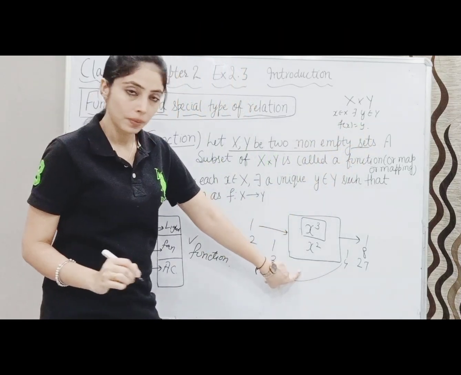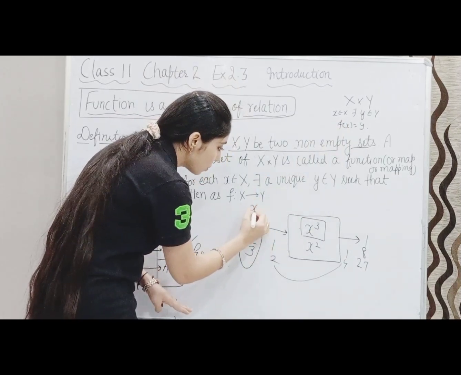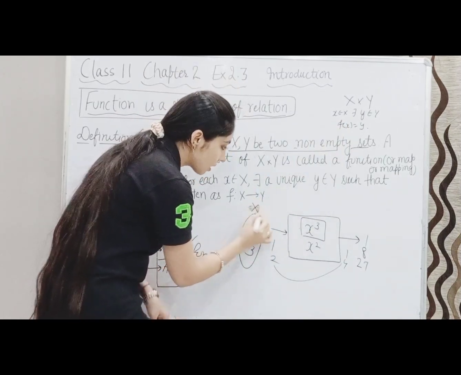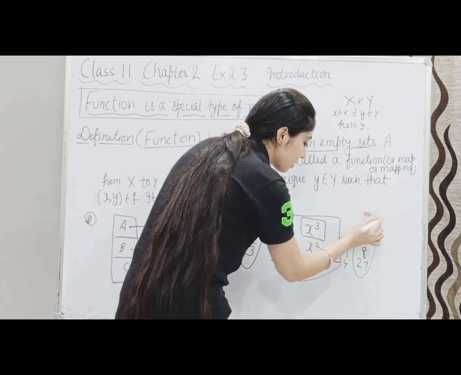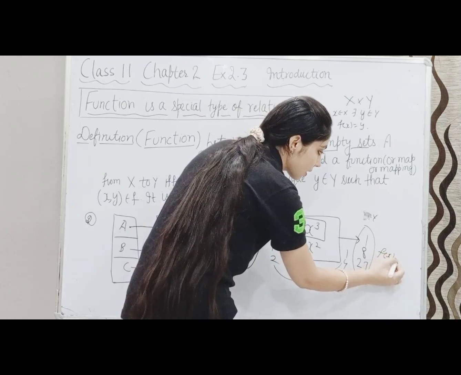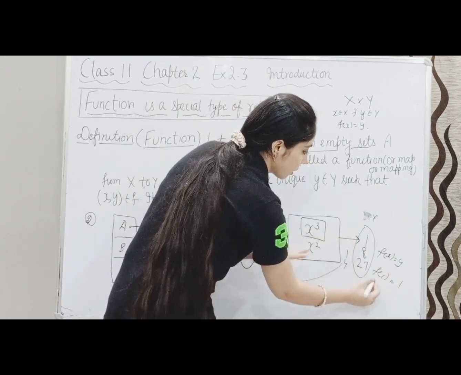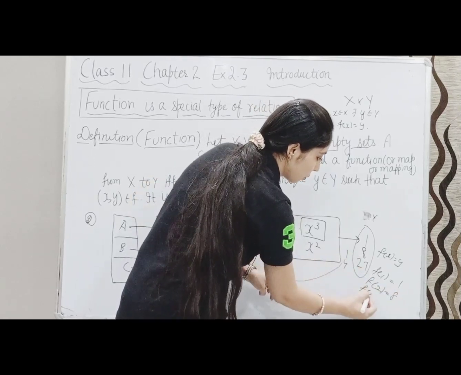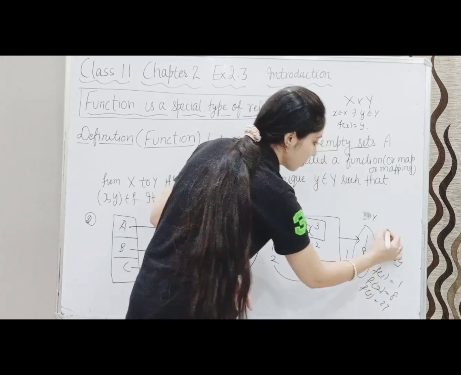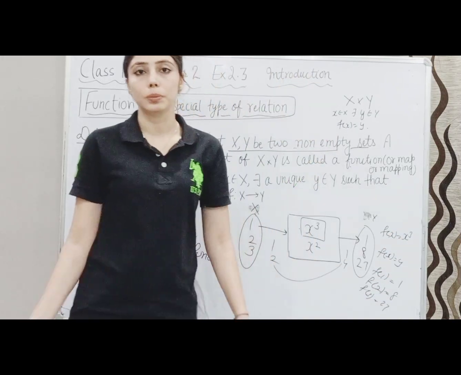Just like that. f(1) is equal to 1, f(2) is equal to 8, f(3) is equal to 27, because here f(x) is equal to x cube.